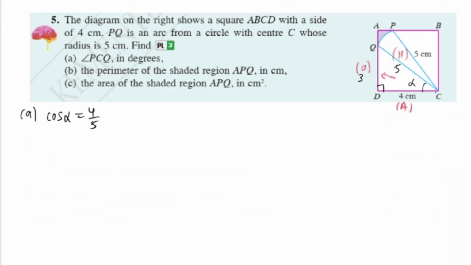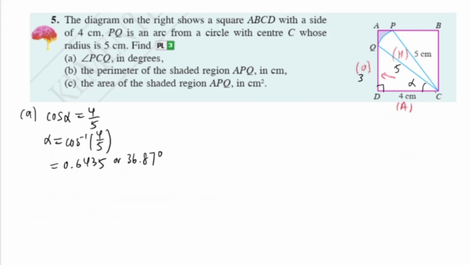But never mind, I know 4, I know 5, so I use cos. Use your calculator, cos inverse it. If you use your calculator in radian, your answer is 0.6435. If you use your calculator in degree, you will get 36.87, depending whether you're using degree or radian.